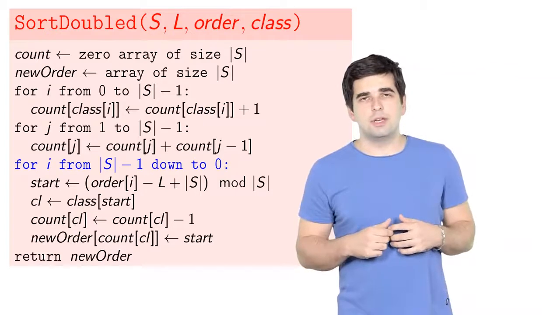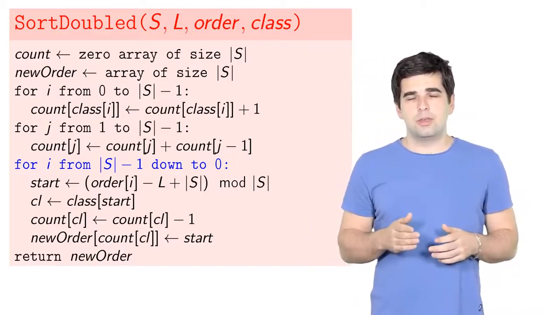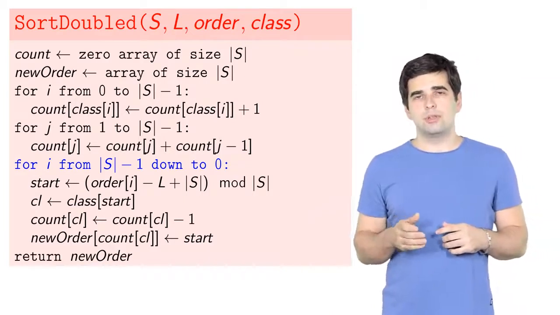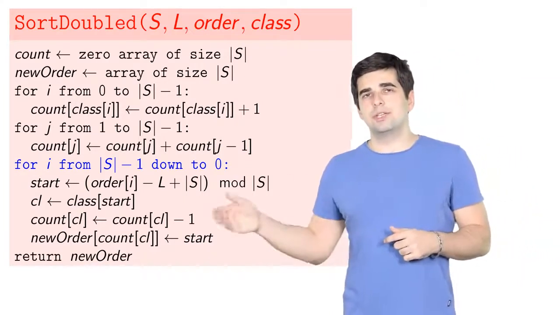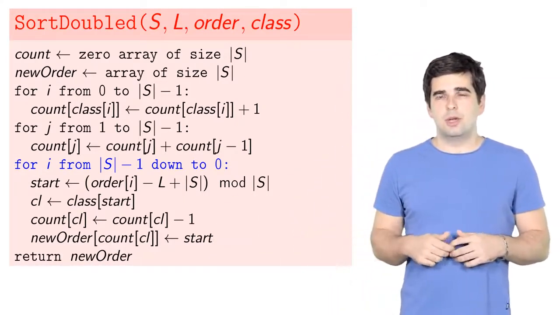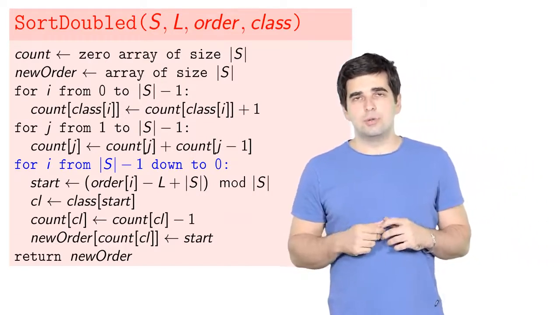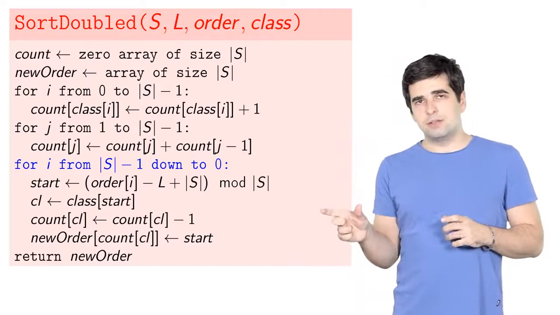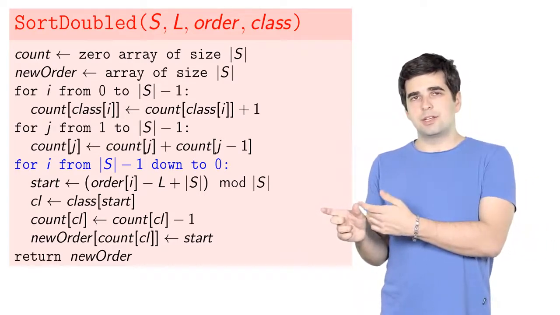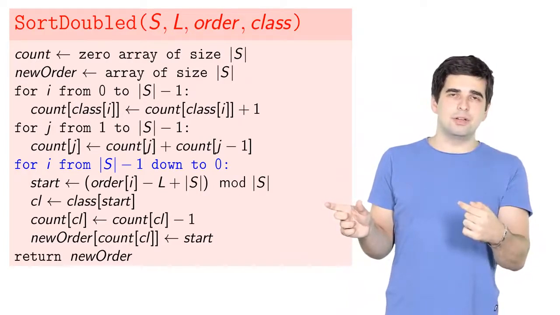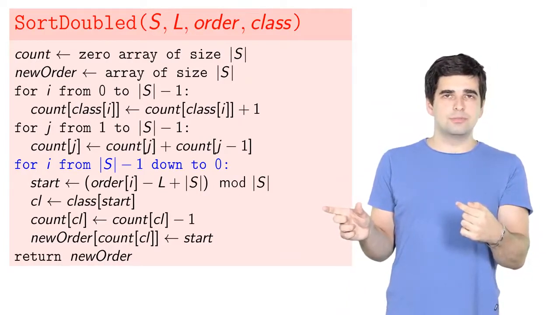Remember that we have the array order, and if we go in the direct order of this array, we will go through all the cyclic shifts of length L in increasing order. What we need instead is first to go not through cyclic shifts of length L, but through cyclic shifts of length 2L, which start exactly L counterclockwise from those.